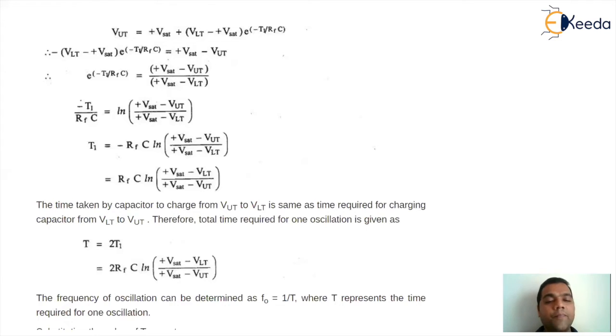And that's the reason the total time period will become twice the value T1. So it will become 2 Rf C log of (+Vsat - VLT) divided by (+Vsat - VUT). Now if I want to get the value of frequency, the frequency will be the inverse of the time period.